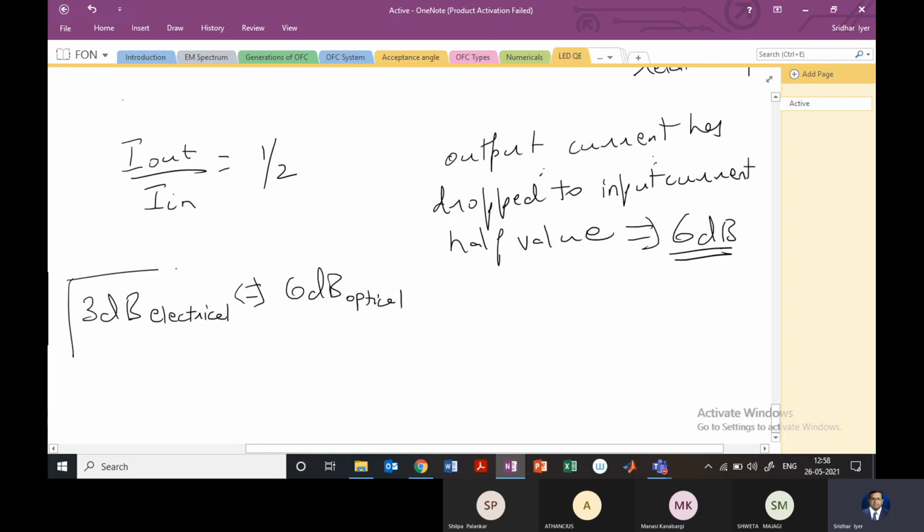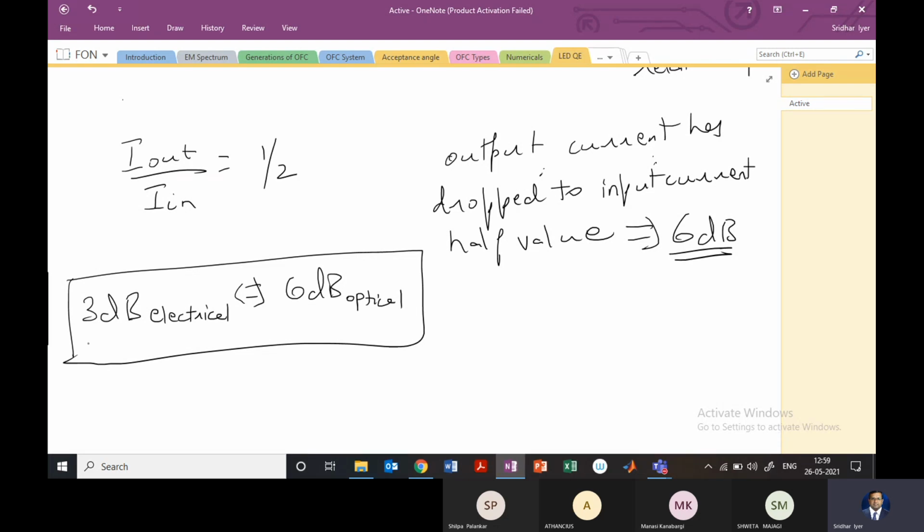So optical systems are always going to give us a higher value when compared with the electrical system. That's why we always want to use the optical systems. This is an important concept which we must remember. I hope this was clear.